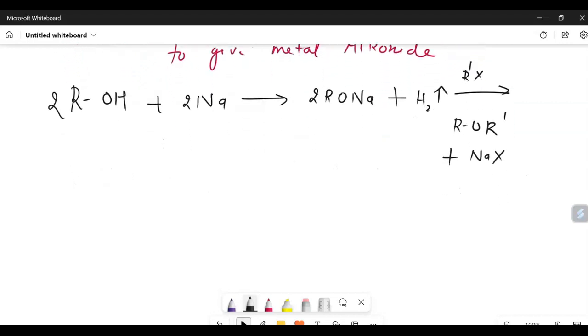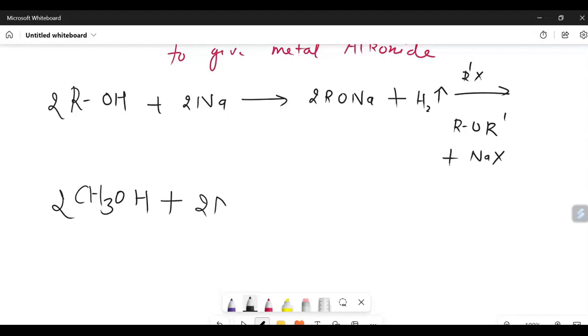Let's go with the example of it. First, we need to use the alcohol. This is CH3OH, simple methanol, reacts with 2Na to give 2CH3ONa plus H2 gas released.